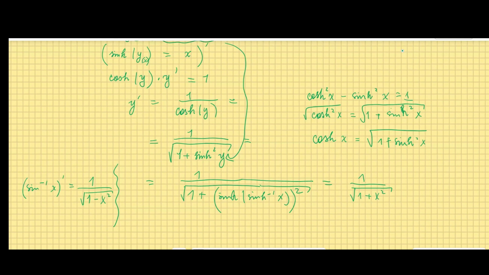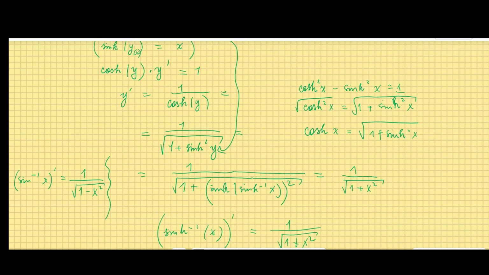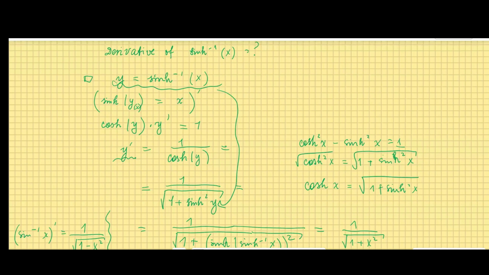Well, usually, guys, we are going to use this formula when we do integrals. So if the derivative, now we have a formula, right? Sine hyperbolic inverse of x derivative, because that was my y, y prime, is equal to 1 over the square root of 1 plus x squared. Here we found y prime, and y actually was sine hyperbolic inverse.